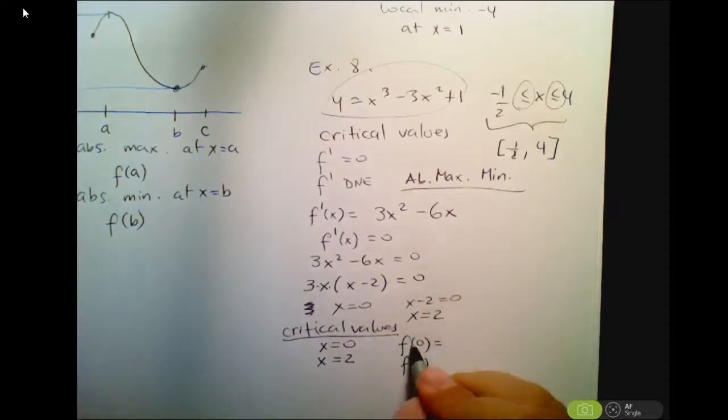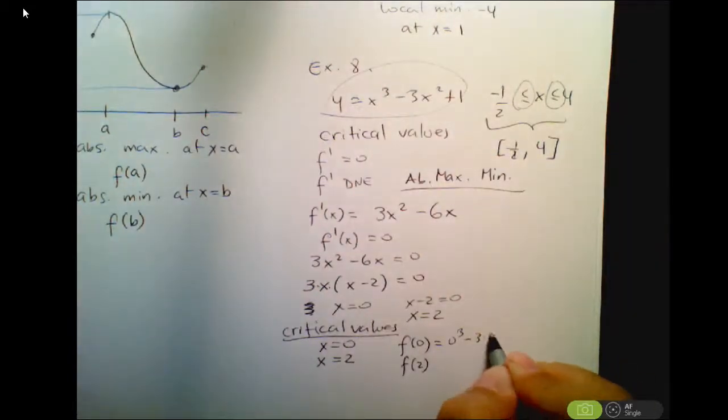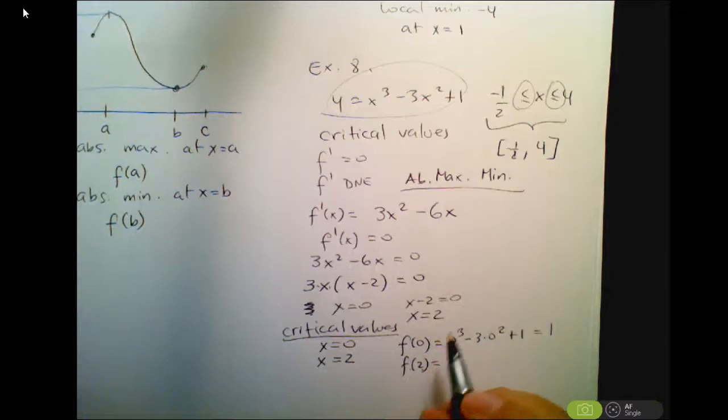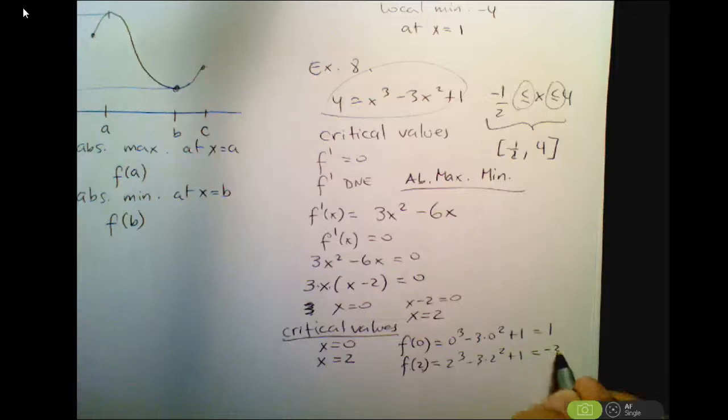So f of 0, I'm going to replace in the original, 0 cubed minus 3 times 0 squared plus 1, and that gives me 1. And f of 2 would be 2 cubed minus 3 times 2 squared plus 1. Now this is 8 minus 12 plus 1, negative 3.